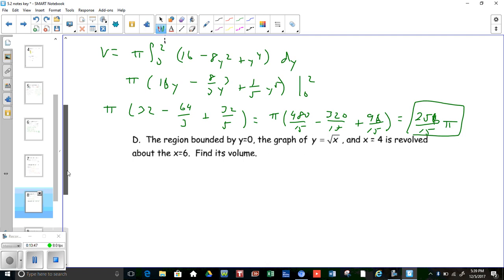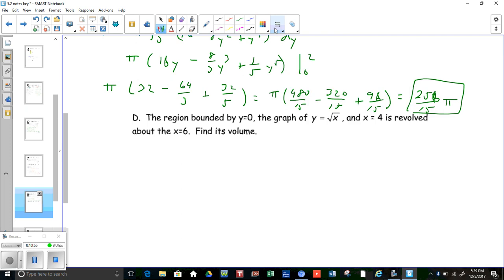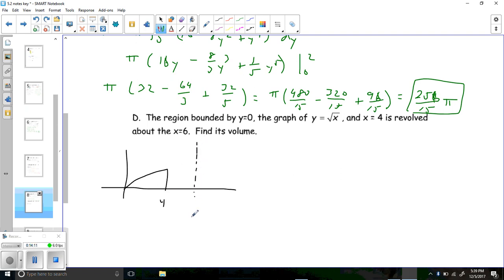Taking this region, same exact region, and we're going to take that region, and this time, what are we revolving this around? X equals 6, so it's even further out. So here it is from 0 to 4. Now my vertical line is the line x equals 6. I'm really having a hard time drawing 6s.